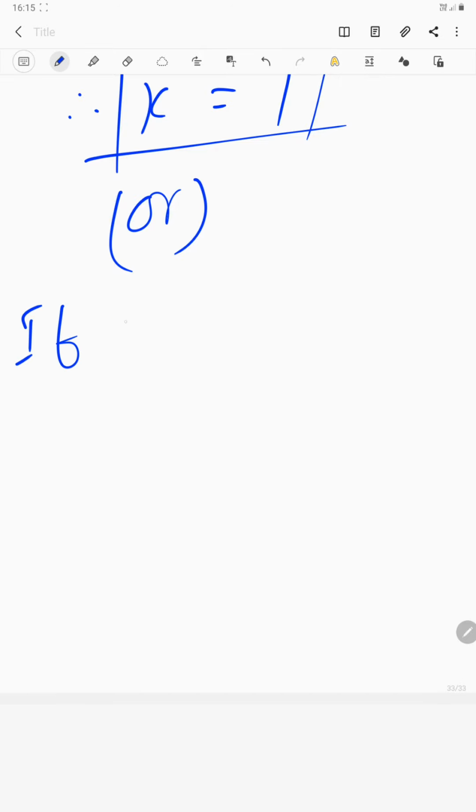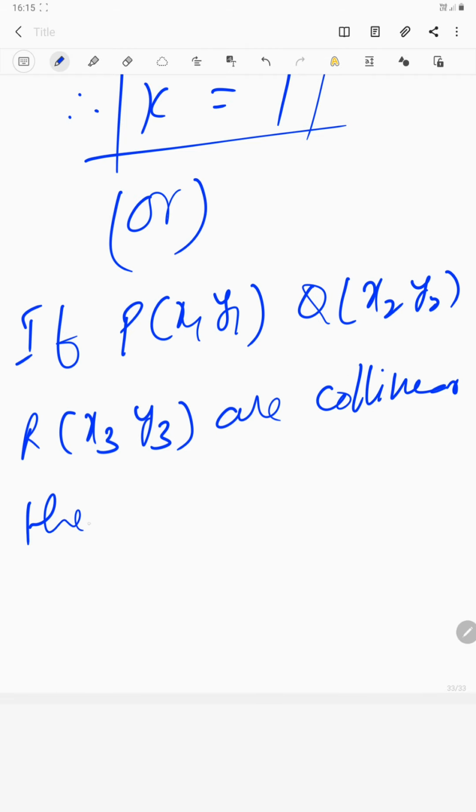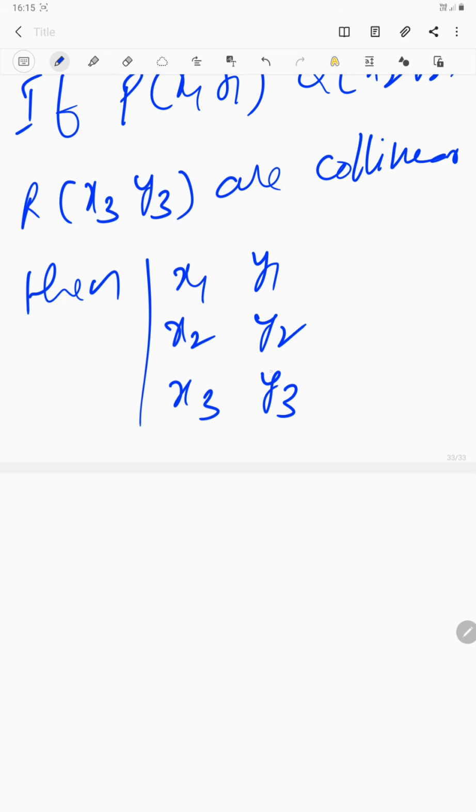If A of x1 y1, Q of x2 y2, R of x3 y3 are collinear, then by using determinants, that is x1 y1, x2 y2, x3 y3, and put third column as 1 1 1 is equal to 0.